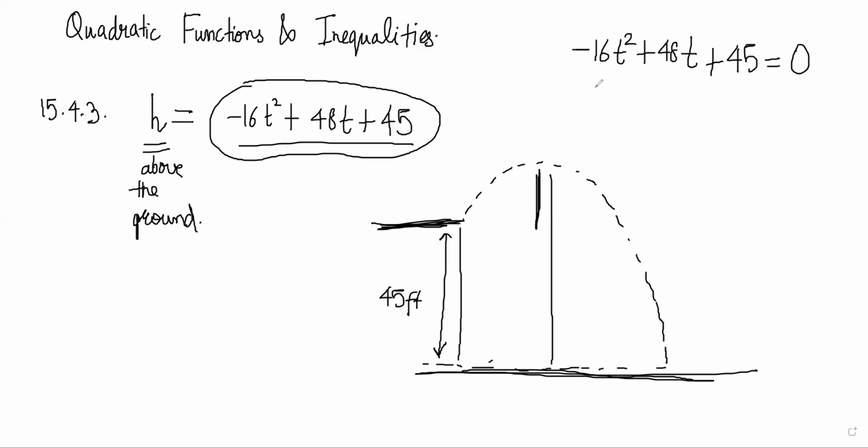How will you find the time when it becomes 0, height above the ground? You solve it using the quadratic formula. What is coming now? 3.75 and negative 0.75. Which answer is valid? 3.75.